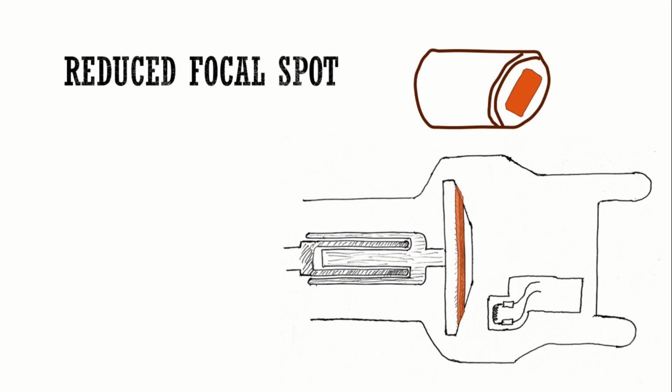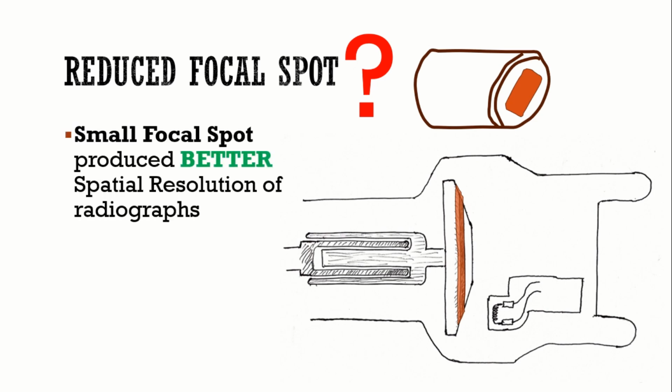So why is a reduced focal spot more favorable? Because a small focal spot produces better spatial resolution of the radiograph. So for diagnostic radiography, it is important to have a small focal spot.